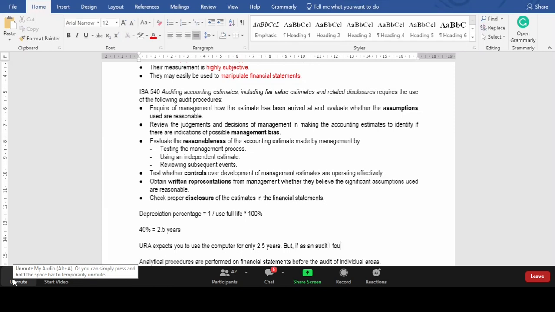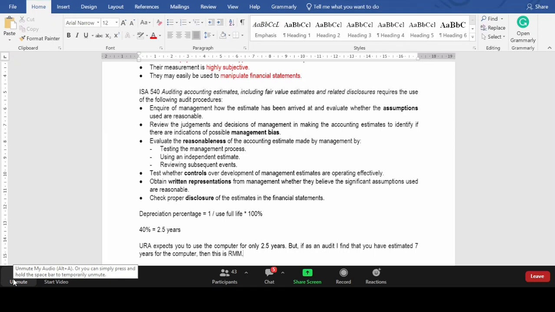But if as an auditor, I find that you have estimated 7 years for the computer, then there is a problem. Then this is a risk of material misstatement.